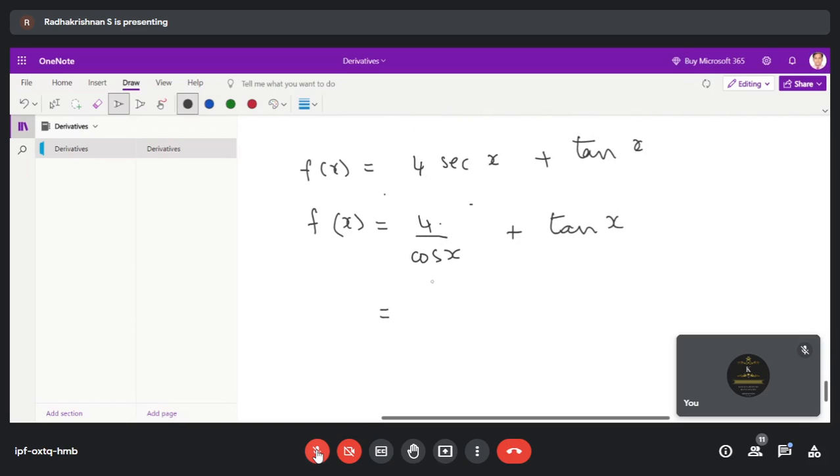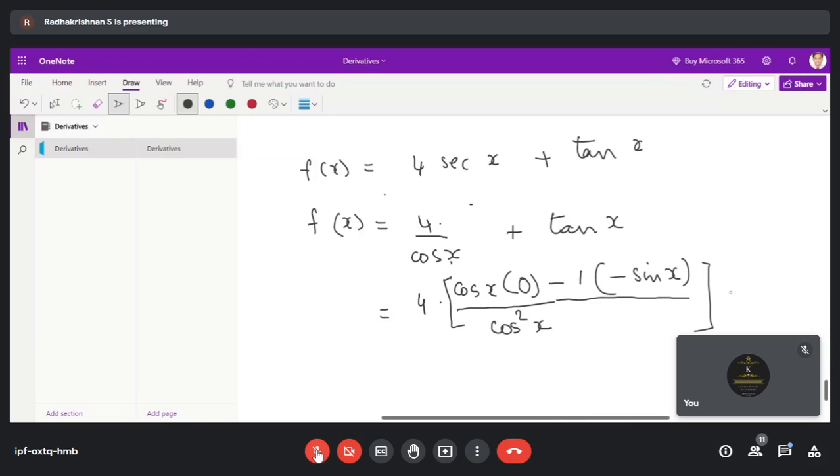So this is 4 into 1 by cos x. We have to use the u by v formula. 1 by cos x, so first we put cos square x in the denominator. Take the first as v, cos x, into du. What is the derivative of 1? The derivative of a constant is 0, minus v into the derivative of cos x. Correct? Yes, sir. So 4 into 1 by cos x, plus for tan x, secant square x. This we saw.